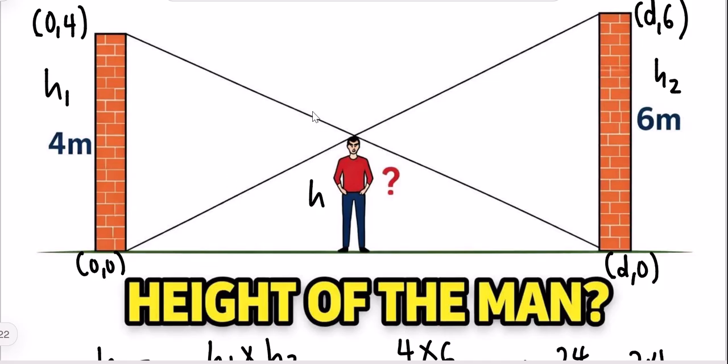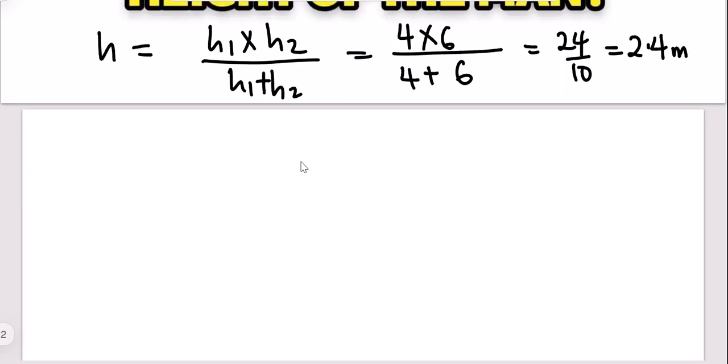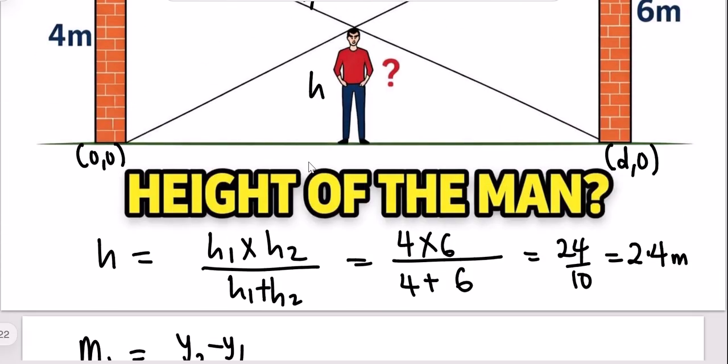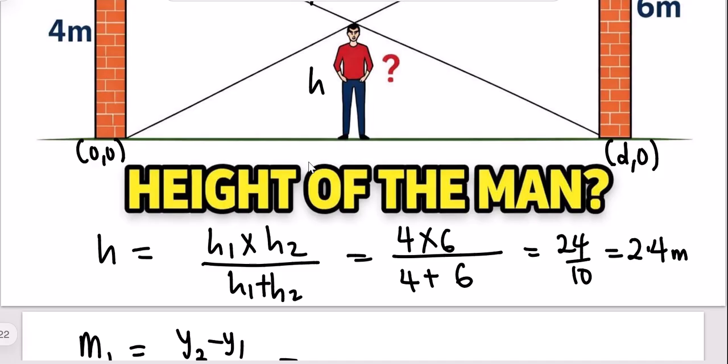Now, I need two slopes. For the first slope, I'm going to consider this first line, and this is going to be my m1. And for the second slope, which is going to be m2. Calculating m1, remember we use the method of y2 minus y1 over x2 minus x1 to calculate the slope.